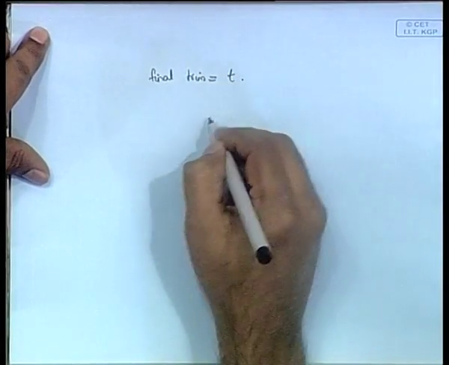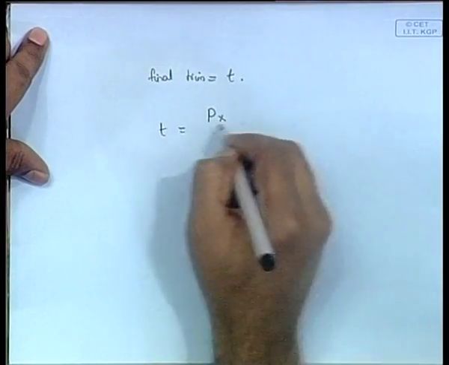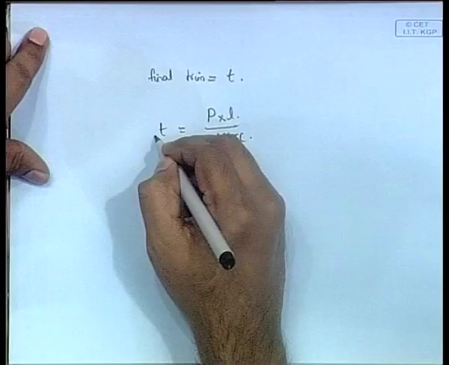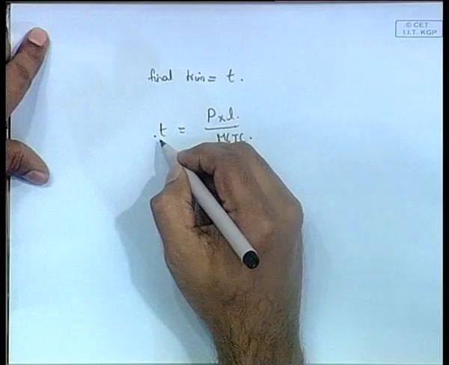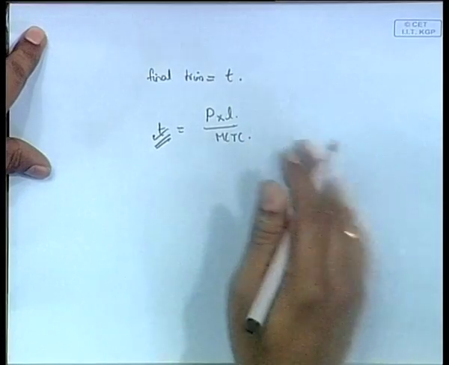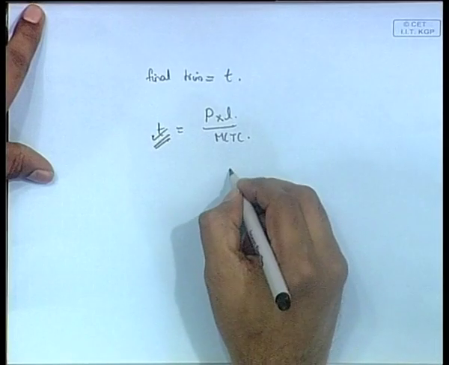Let us assume it is T, then P into T is equal to P into L by MCTC. From this, P is known, L is known, so you can find the final trim. Okay, this is calculated.